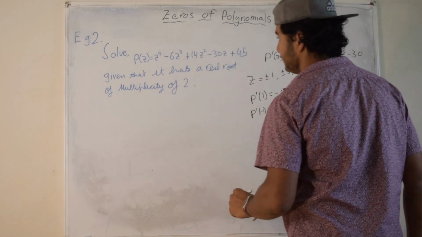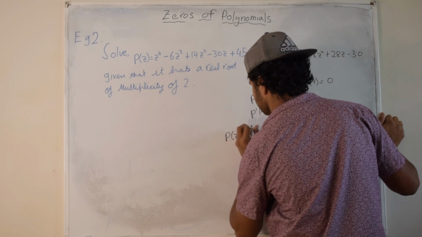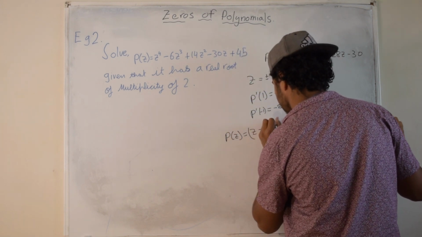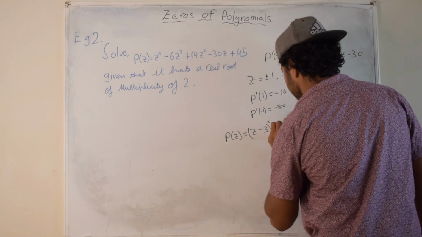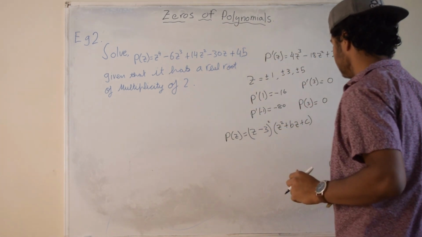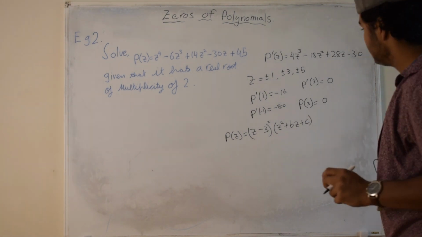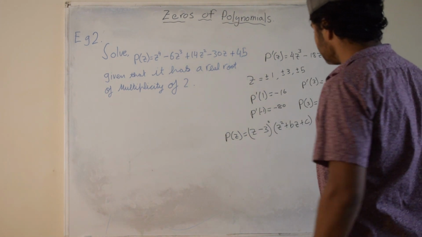So let's rewrite this. P of z then equals z minus 3 squared multiplied by z squared plus bz plus c. We're going to use these two constants because we don't know what they are. For now, the aim is to find those two.